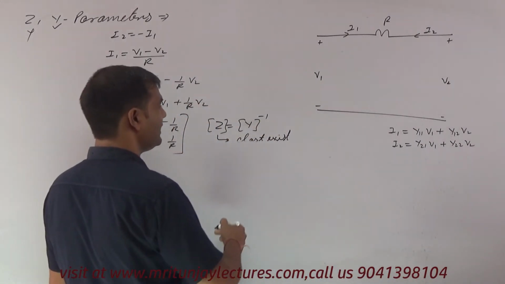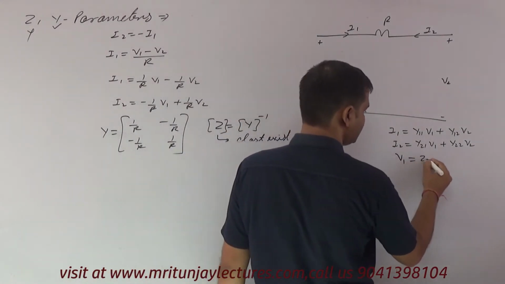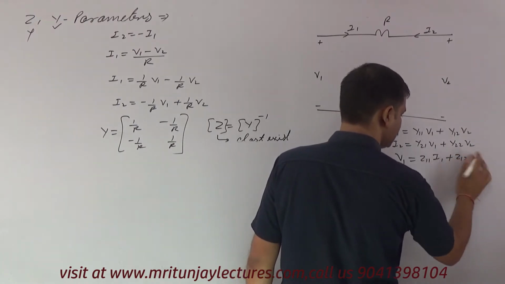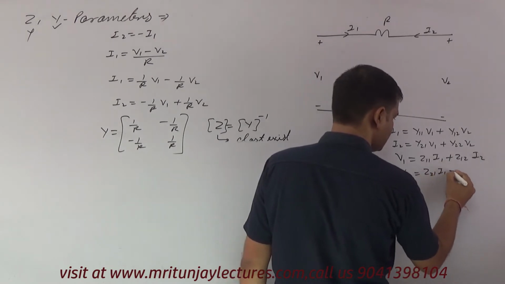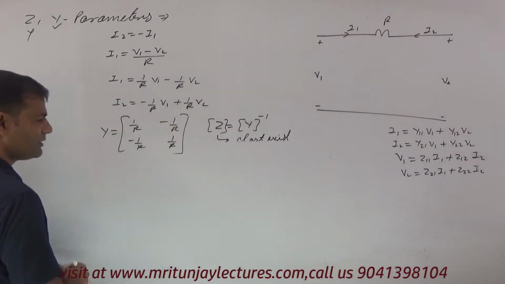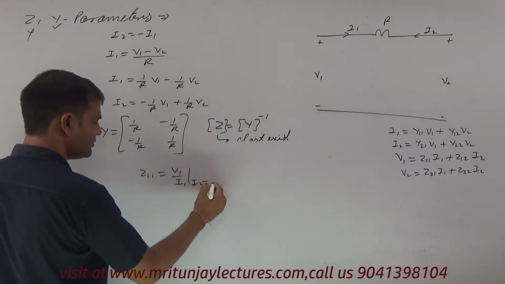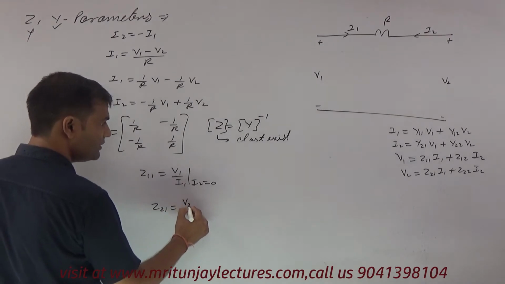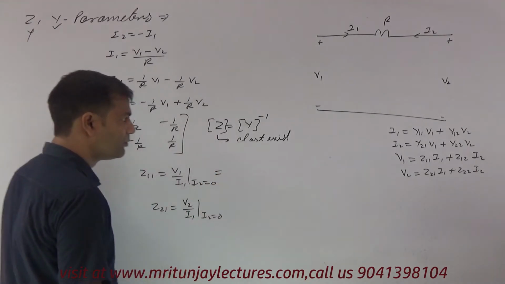Let me clarify: I know that the Z parameter is written as V1 equals Z11 into I1 plus Z12 into I2, and V2 is written as Z21 into I1 plus Z22 into I2. Z11 means V1 by I1 when I2 is 0, and Z21 is written as V2 divided by I1 when I2 is 0.